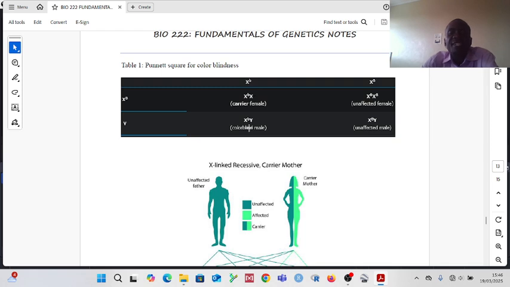But the son does not have any other X chromosome apart from the one which the mother gave him. Now you end up with this recessive trait being present in a particular gender more, just because of what? It being linked to a particular chromosome.